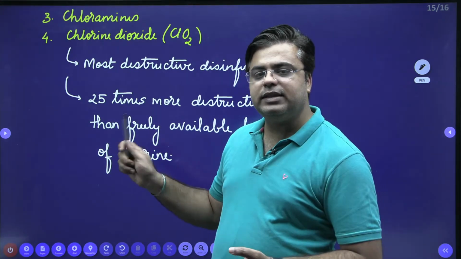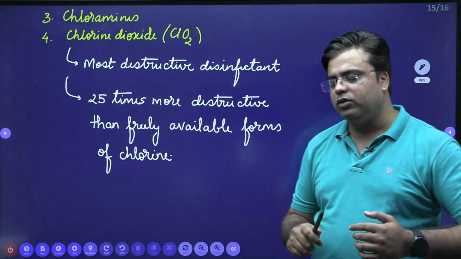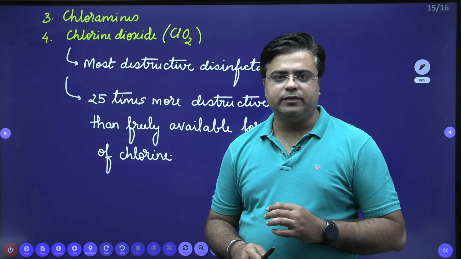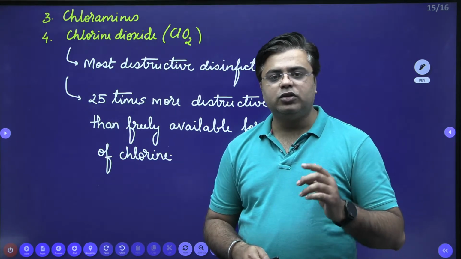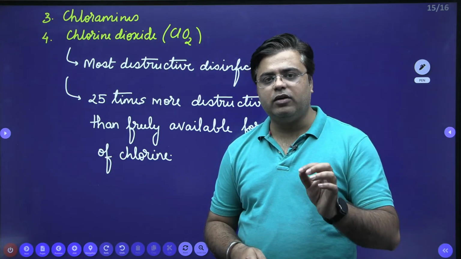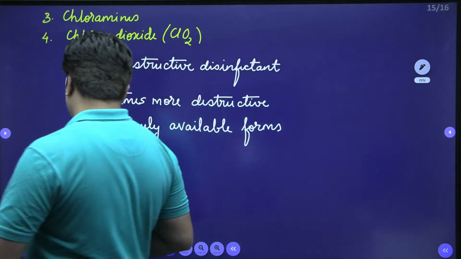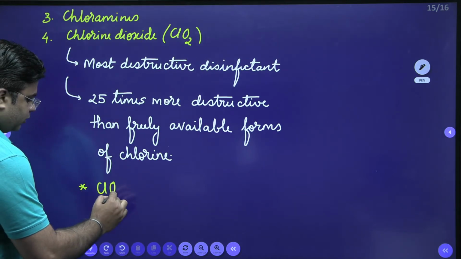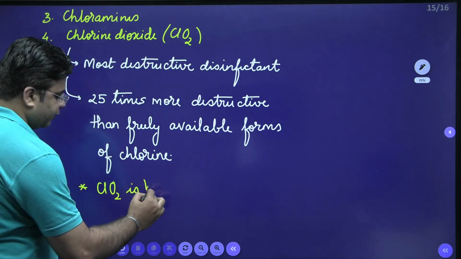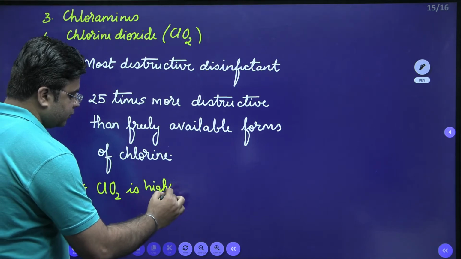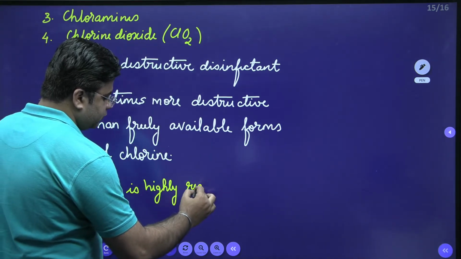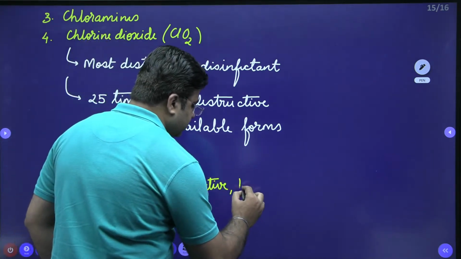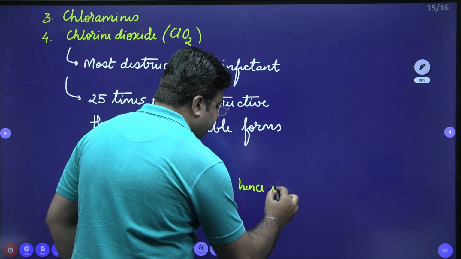But again, ClO2 is a very strong oxidizing agent. It is highly reactive. So this ClO2 cannot take care of the future recontamination.